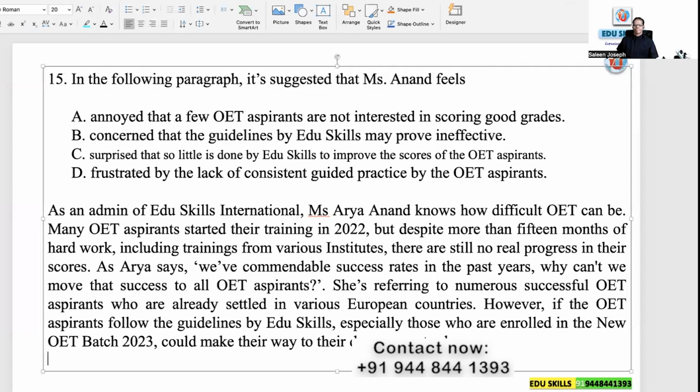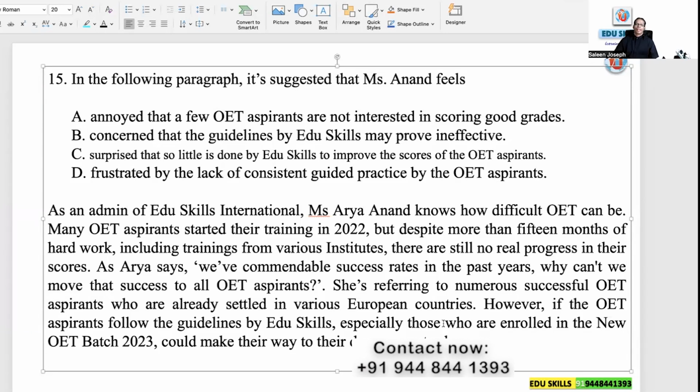Why can't we move that success to all OET aspirants? She's referring to numerous successful OET aspirants who are already settled in various European countries. However, if the OET aspirants follow the guidelines by EduSkills, especially those enrolled in the new OET batch 2023, they could make their dream country happen.